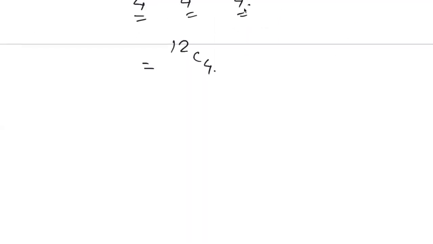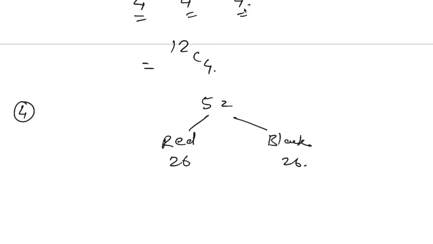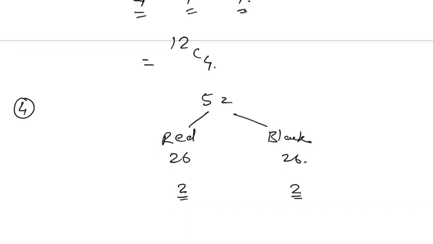And the fourth one. Out of these 52 cards, we know that 26 are red and 26 are black. And we have to select 4 cards from these 52 cards, 2 coming from red and 2 coming from black.